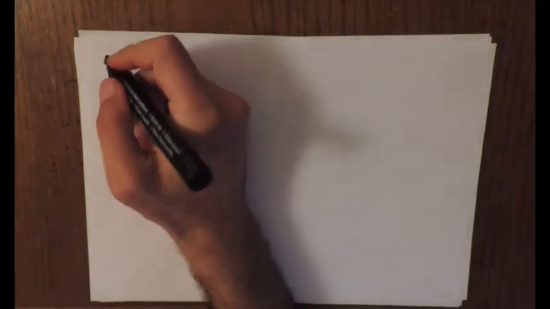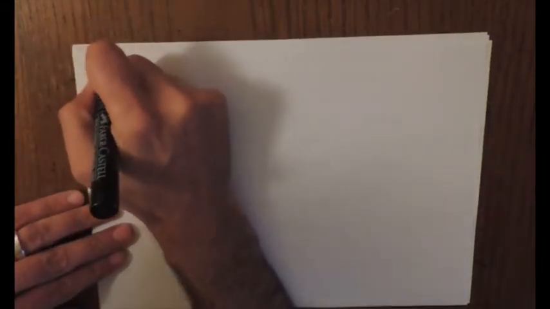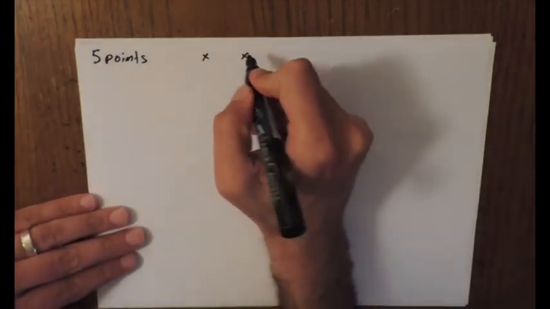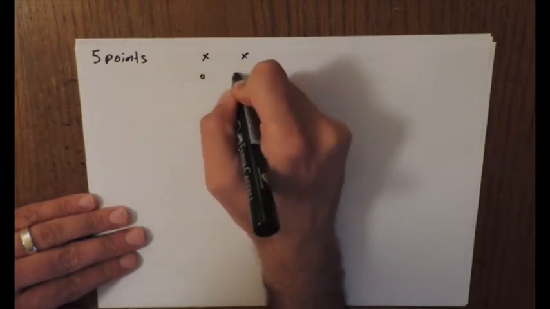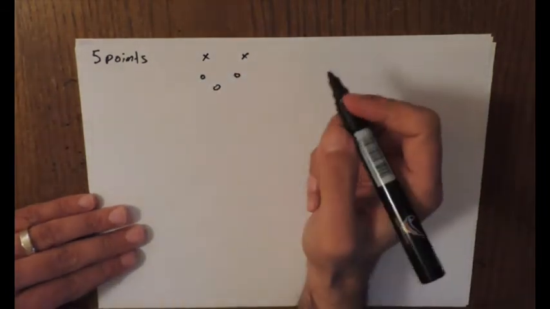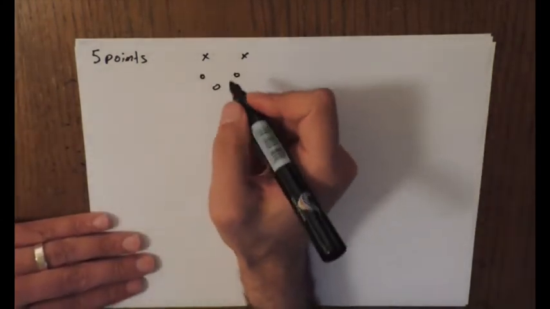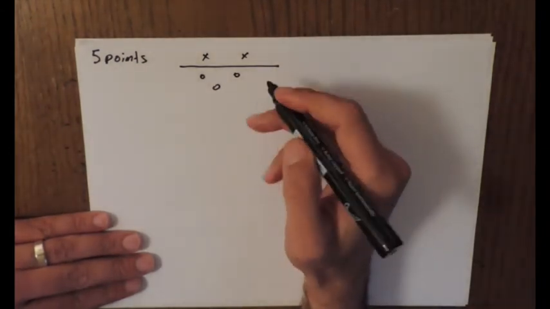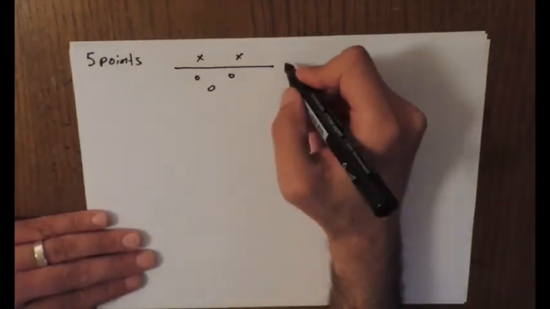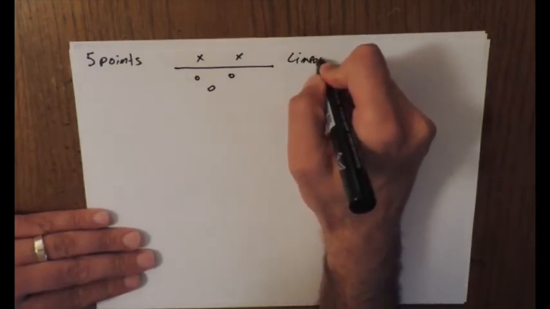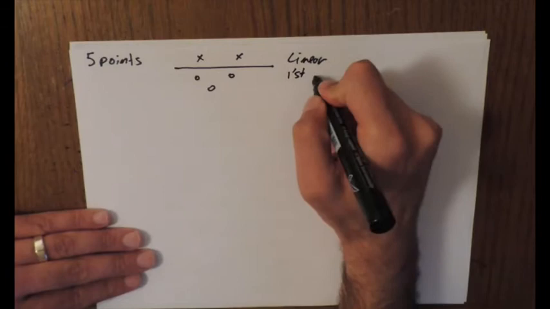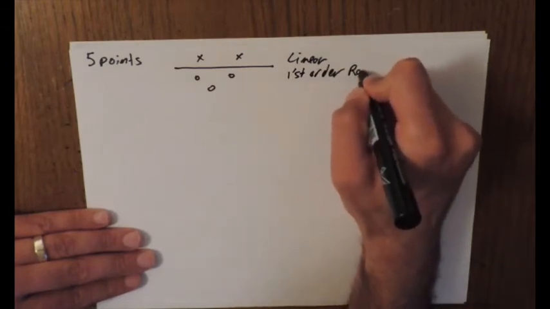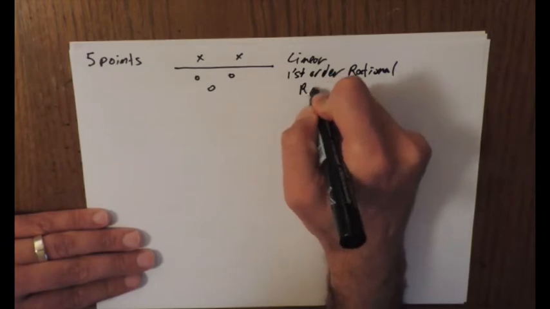So let's take a small example. Let's say we have 5 points. Let's say this is the first two, and this is another set of points. So they are linearly separable because we can draw a line separating those two. So this is called linear, and this is first order rational variety, and we're going to talk now about rational variety.